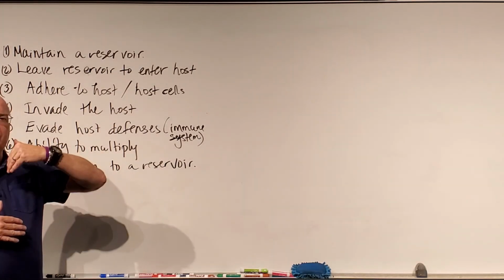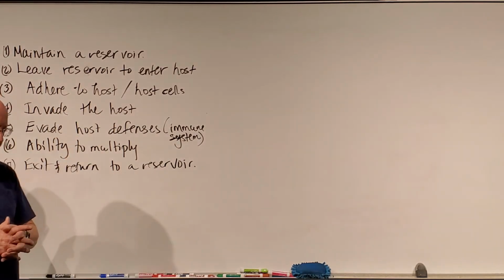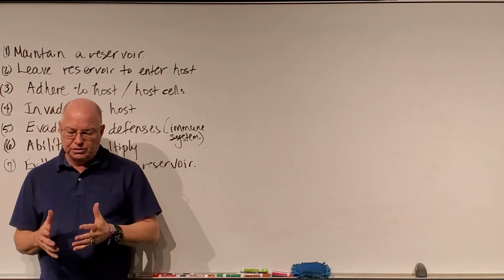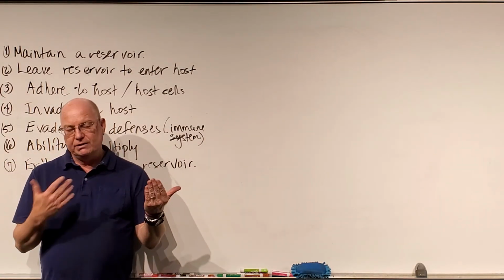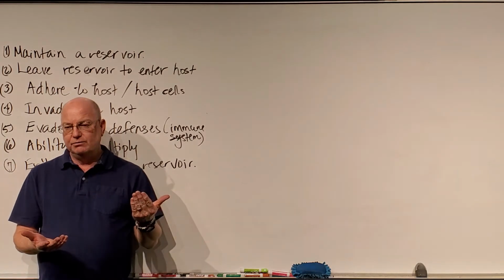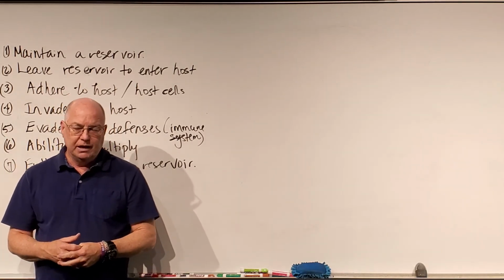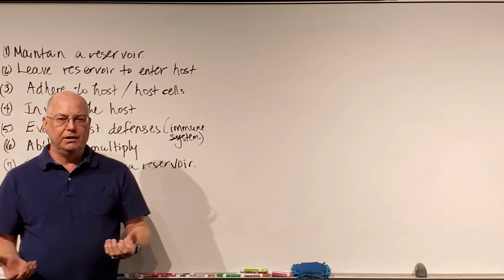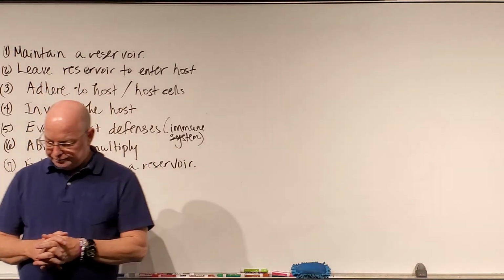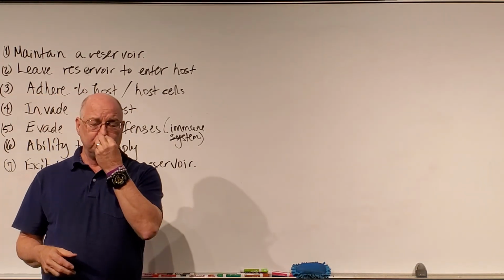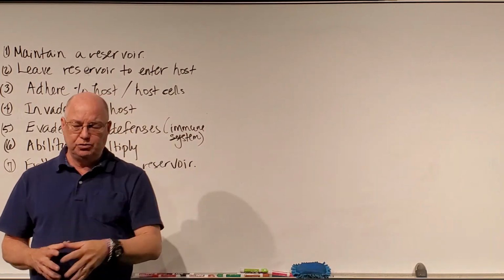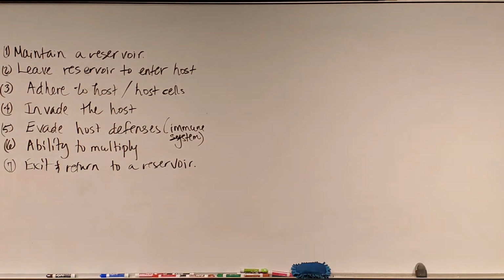Just like there's a portal of entry, there's a portal of exit. And by the way, some organisms have the same portal of entry and portal of exit. So if they're blood-borne diseases, the portal of entry and exit would be through blood, through an open wound. Some enter through the respiratory tract and exit through the respiratory tract. Okay.